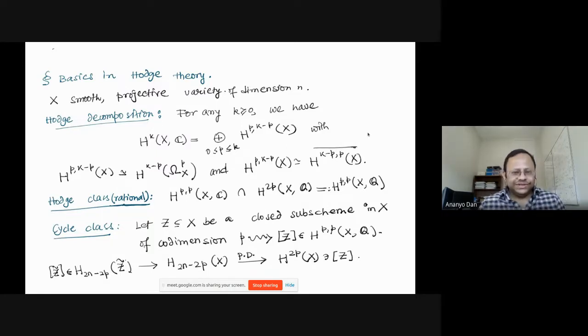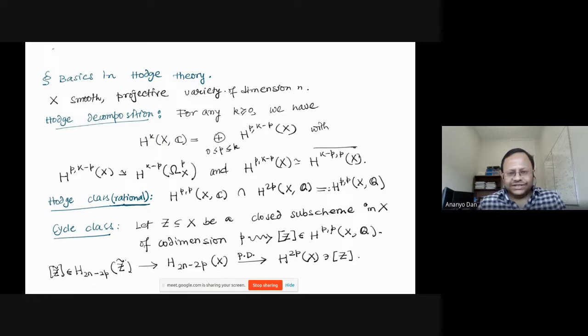One of the inferences that you can draw from here is that the dimensions of these two objects are the same. There are already quite some important conclusions that you can derive from just this description. So you should be careful that this is only for smooth projective varieties.